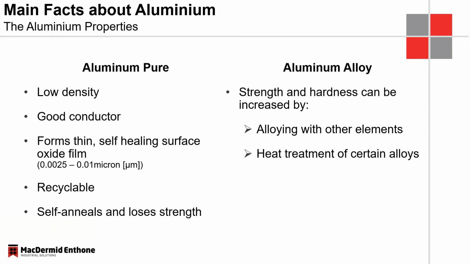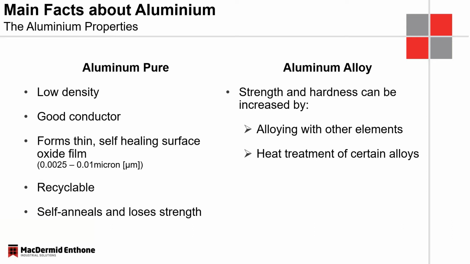When we look at aluminum as a substrate, it has a very low density, and that makes it very attractive as a lightweight material to construct planes, cars, any sort of assembly from aluminum to save weight, with its obvious benefits. It also is a very good conductor.